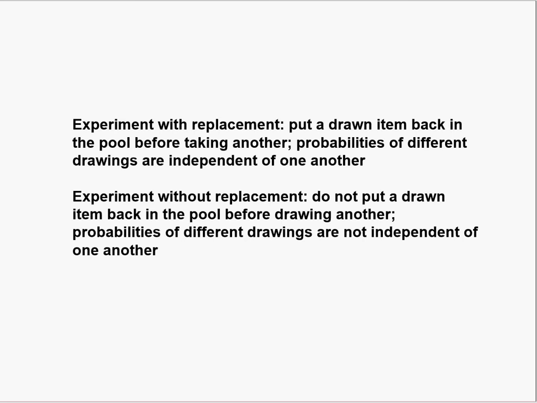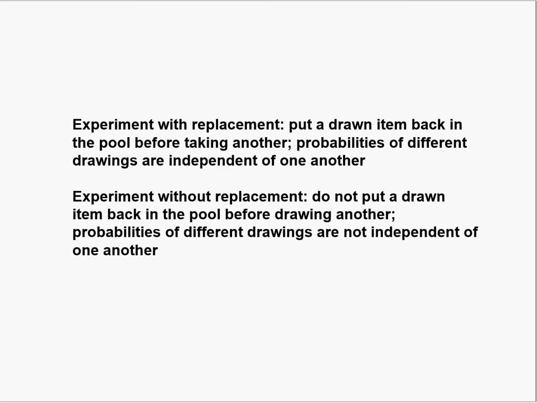Between different rounds of drawing, the probability of getting the same thing is the same, because every time you draw an item, it is the same pool. Therefore, the probability of getting certain outcomes should be the same.